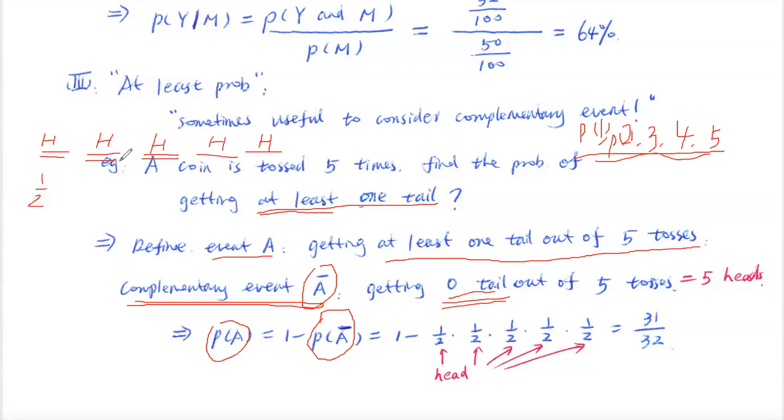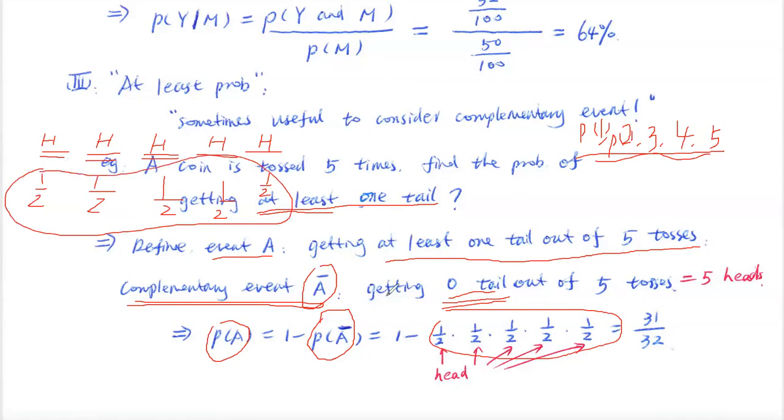Second coin? 1/2. Third one, same. Fourth one, same. Fifth one, same. They are independent, just 5 coins tossed 5 times. It doesn't matter which one is first or second. So we multiply them together. That's what we call the multiplication rule.